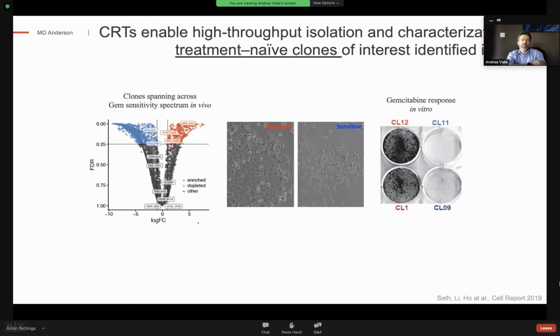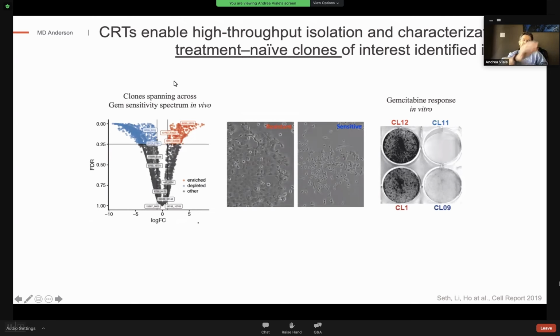One of the major advancements of CRT is that we can isolate clones with different response in vivo to gemcitabine, for instance, that are treatment naive.